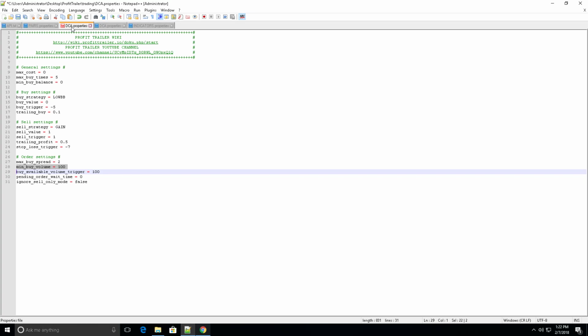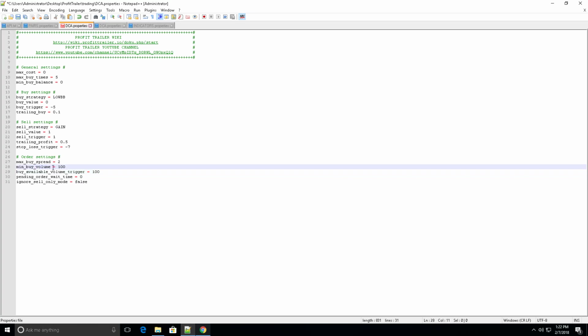Buy variable volume trigger. This volume is not the same as this volume. This volume right here is about the whole volume of the whole coin in the market. But this buy variable volume trigger is the volume in an order on the order book.